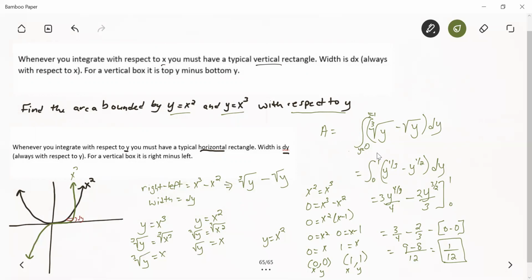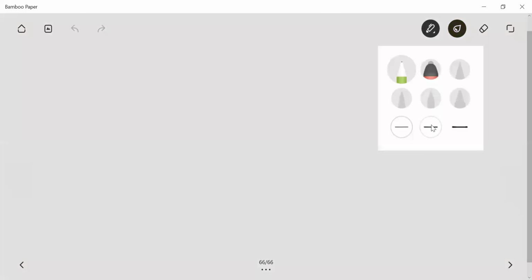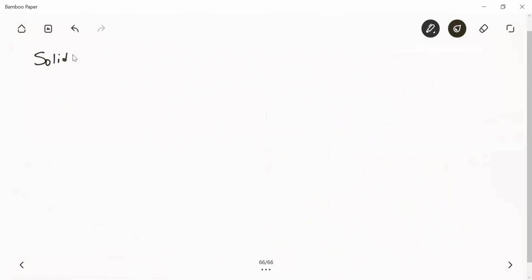Okay. All right. So let's talk about solids of revolution. Let me go back to my regular marker. So solids of revolution. Okay. So what we've been talking about so far is these functions, say x squared and x cubed, and then we had some area here.